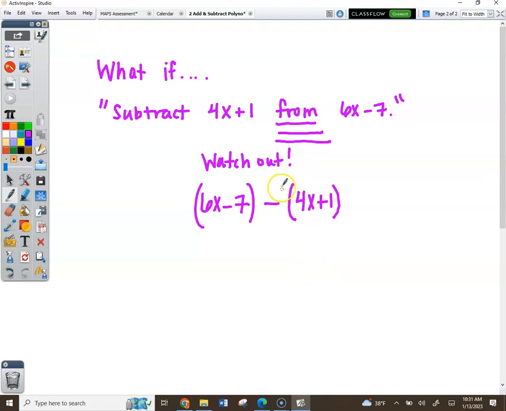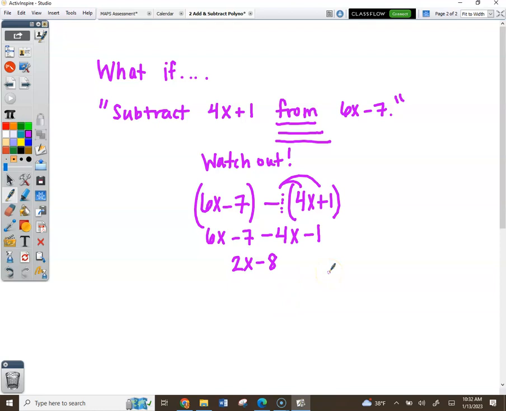Here's why the parentheses matter, because what again is right here? There's an understood negative 1 there that the problem doesn't remind you of the way that it's written. So you would have to distribute that. So 6x minus 7 minus 4x minus 1, and then we would come to the answer.